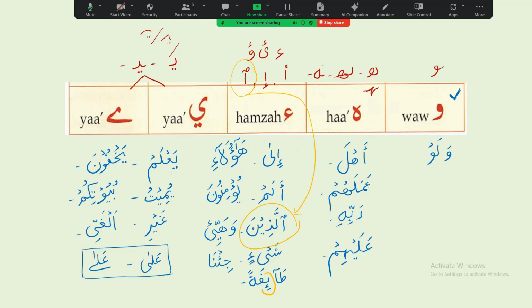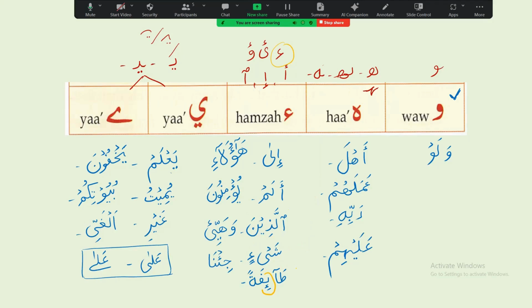This is also Hamza. So when Hamza comes in its actual shape and form, this is the way we write it. An example is this word where Hamza is at the end: shay'in, shay'in. Here Hamza is at the end with the sound of in.